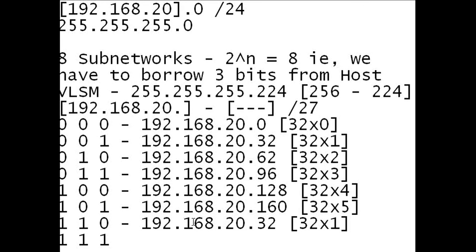You can see if I add 32 to the previous network address, 0 plus 32, I am getting the next subnetwork address. So this is 64, 96, 128, 160, 192, and last but not least, it will be 224.